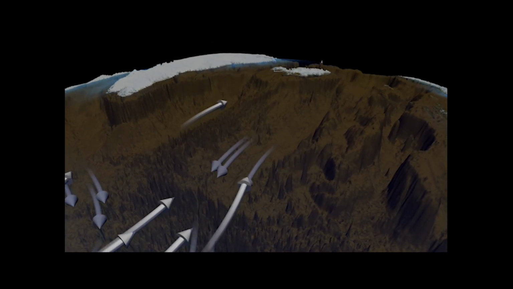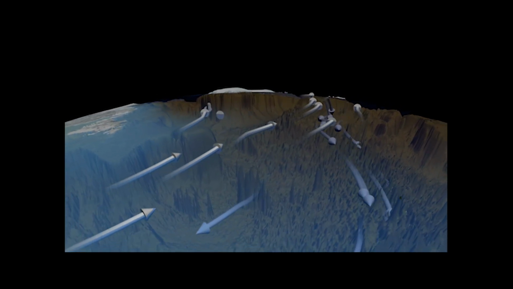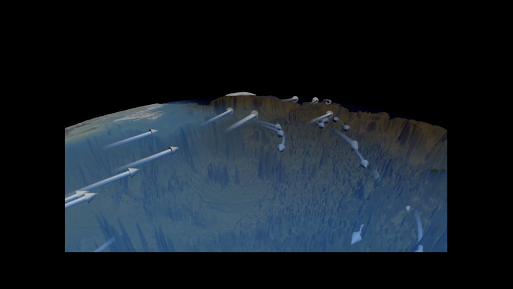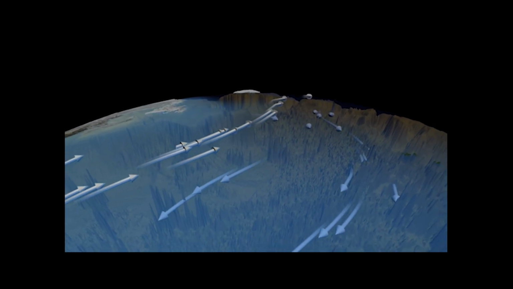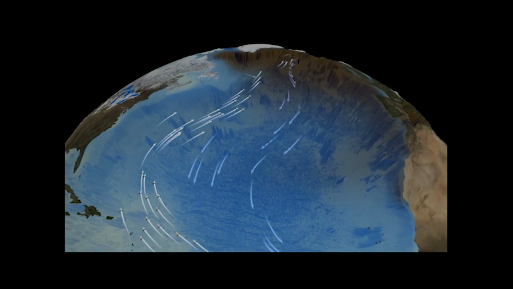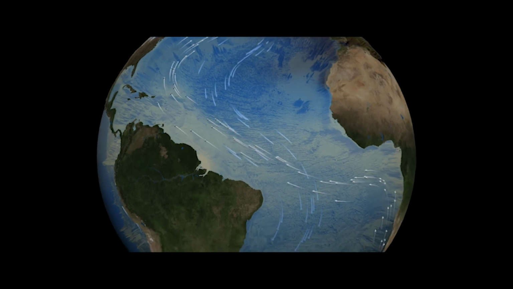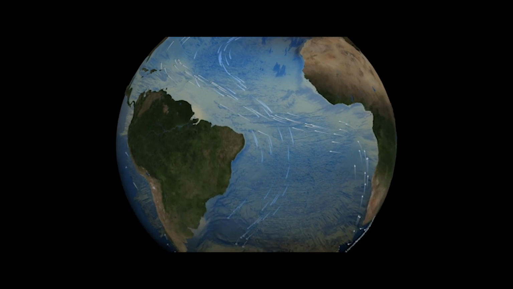Now we're running into this roadblock here, the Mid-Atlantic Ridge, located right here, the Reykjanes Ridge in particular. This water working its way to the north runs into this, and it's deflected downward and then to the south. So now it's cruising along West Africa, around the Azores, down through the Central Atlantic, across the equator.